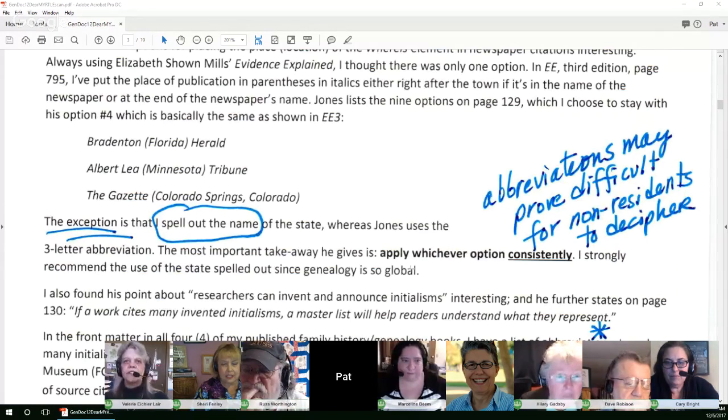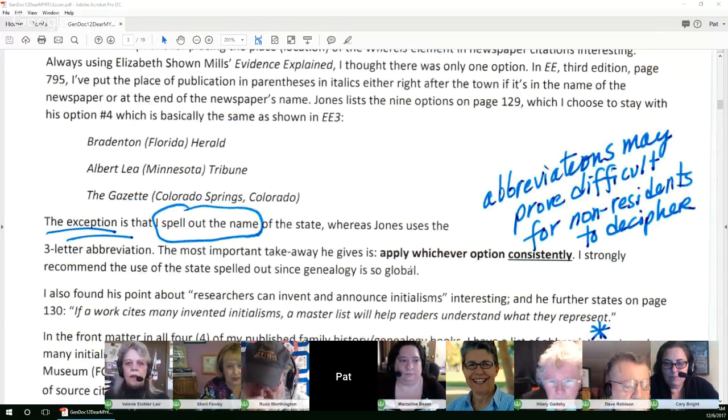Because genealogy has gone global. Yep. And they won't know what FLA or MN or CO means. And so I take it to spell out the location. And depending upon if the name of the town is in the title of the newspaper or not will depend on where I put it.